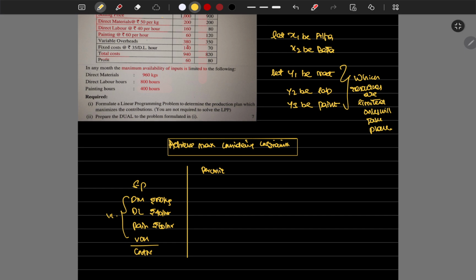They have given the per unit values for alpha: 1000, 200, 160, 60, 380.